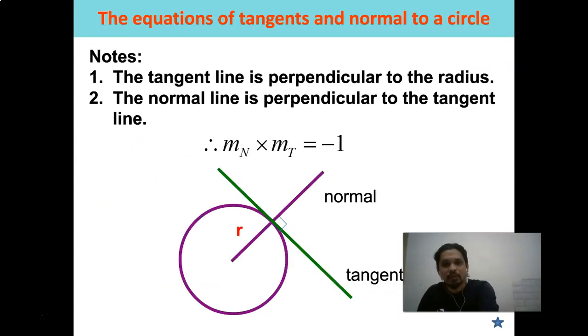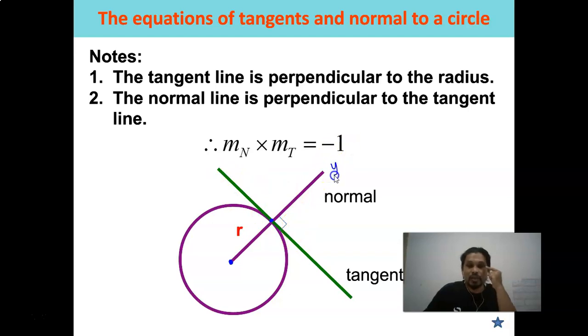Equation of tangent and normal to a circle. Okay, class, from this coordinate, we call it the center of the circle. And you can see there's a straight line here touching at one point of the ring of the circle. So it forms 90 degrees between the line of normal and the line of tangent.